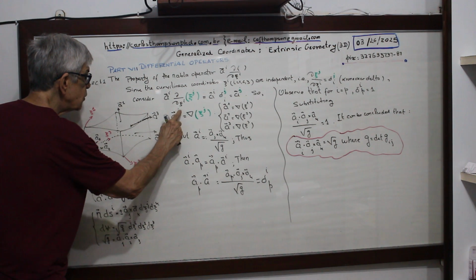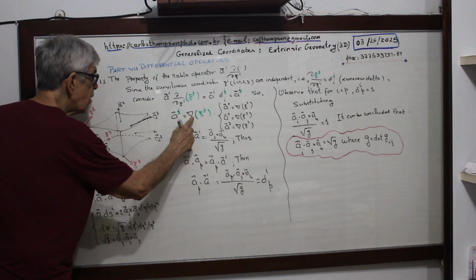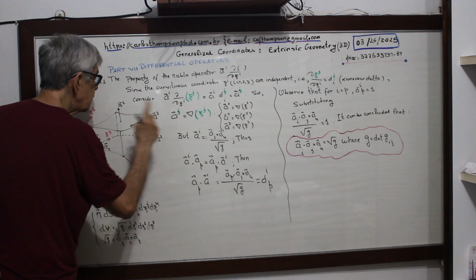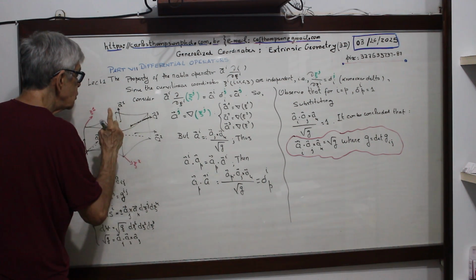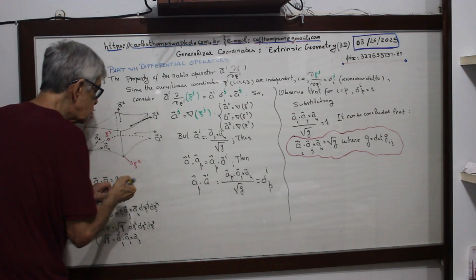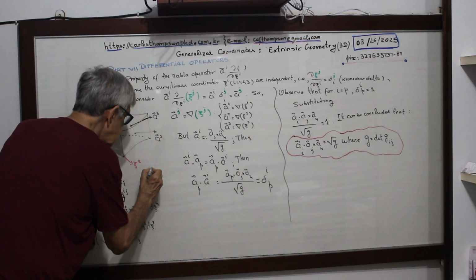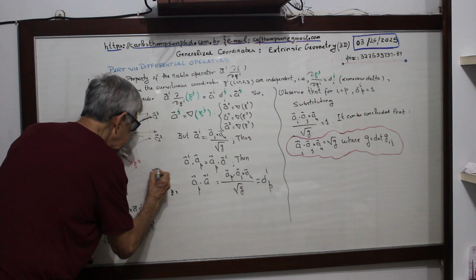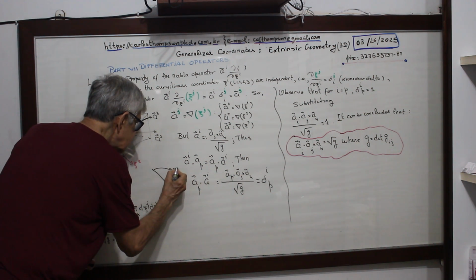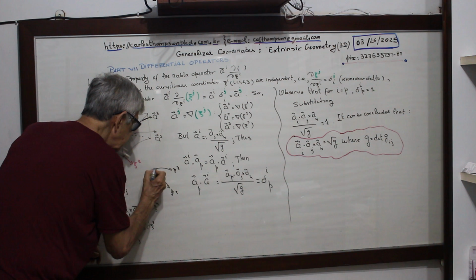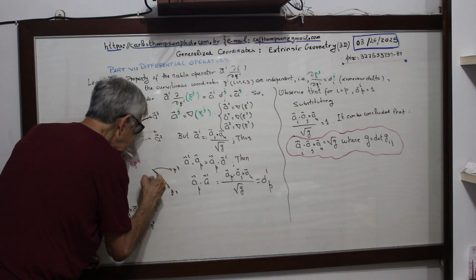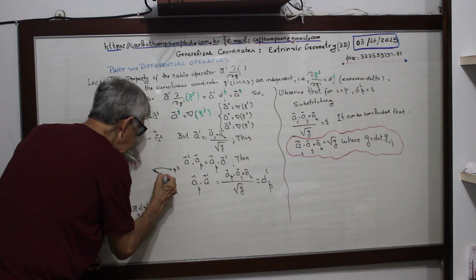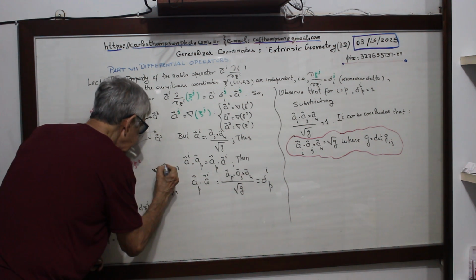For instance, if J is 1, I have nabla C1. Let's put here C2, C3, and A1, A2.